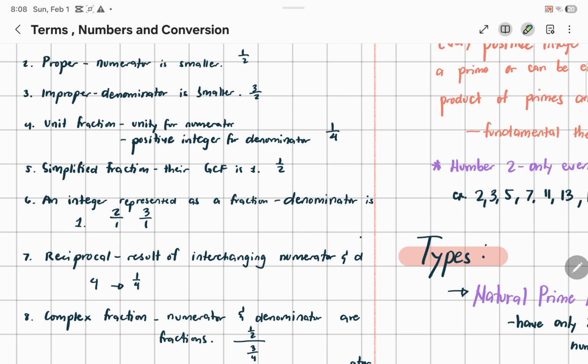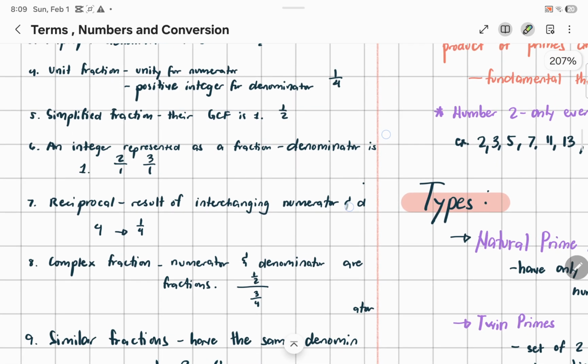So for example, if you have -1, commonly that has a denominator of 1. If we have 0, there's a denominator of 1. 1, there's a denominator of 1. These are integers represented as a fraction.